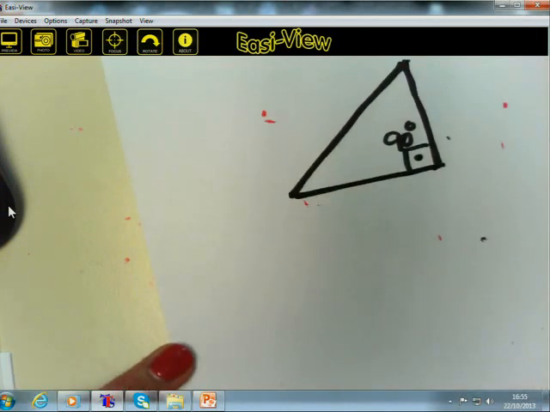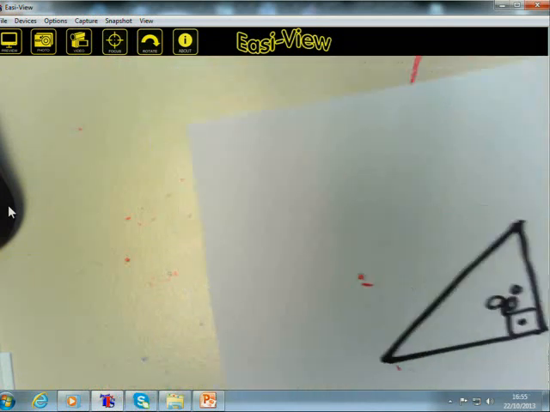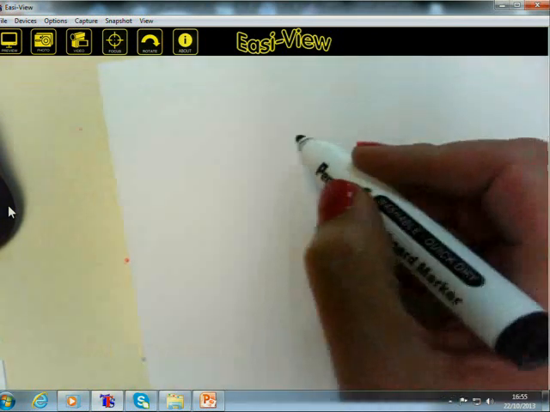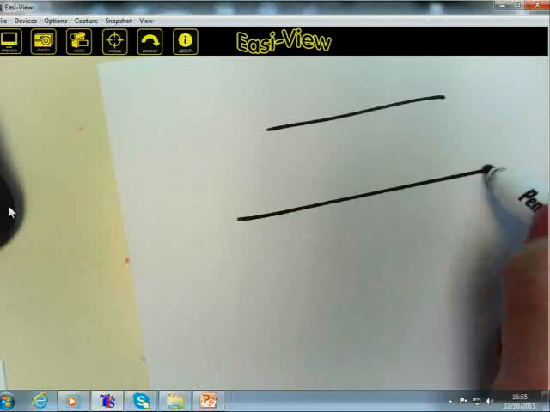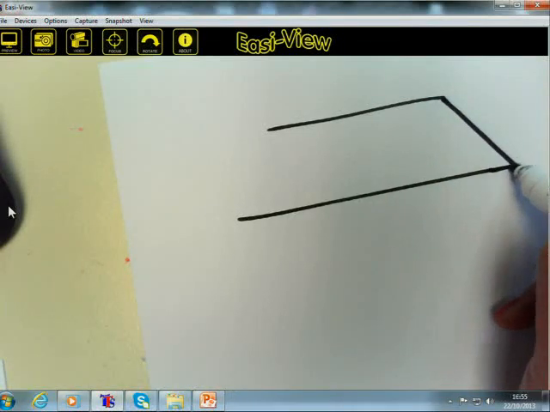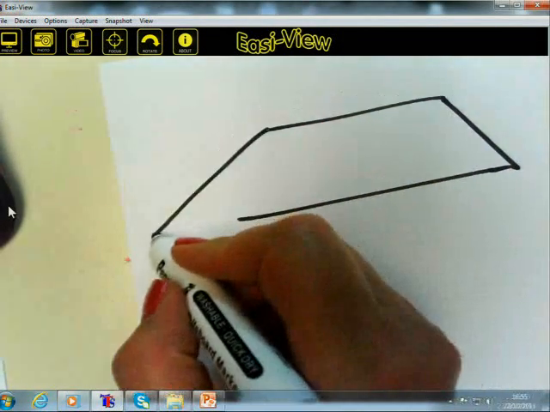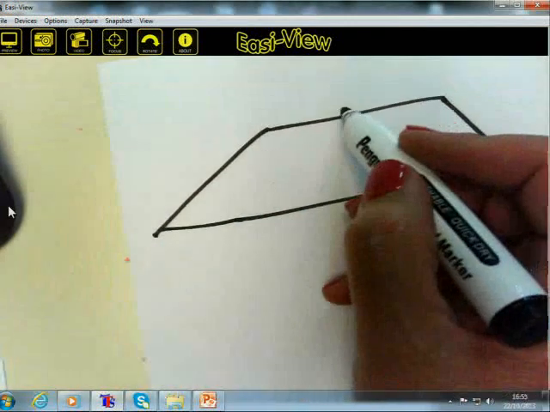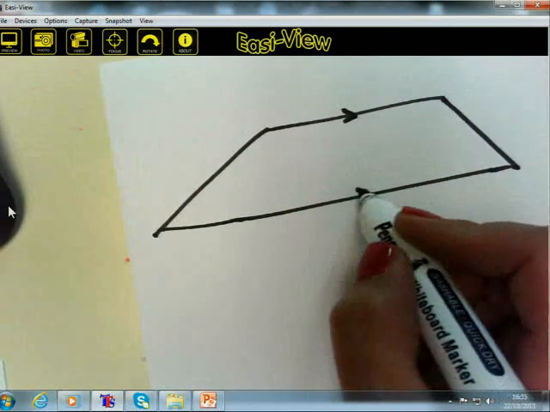And then there was also a question concerning the area and the perimeter of a trapezium. Now, when I give you a trapezium, you must first know what a trapezium looks like. This is a trapezium. Two of the sides are parallel. This side and this side are parallel.